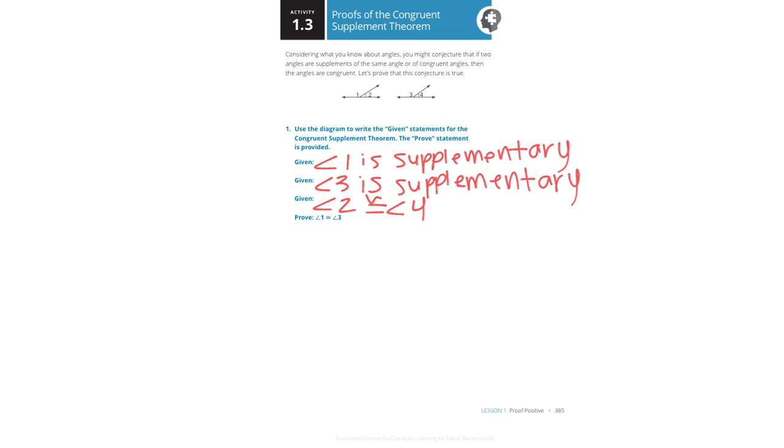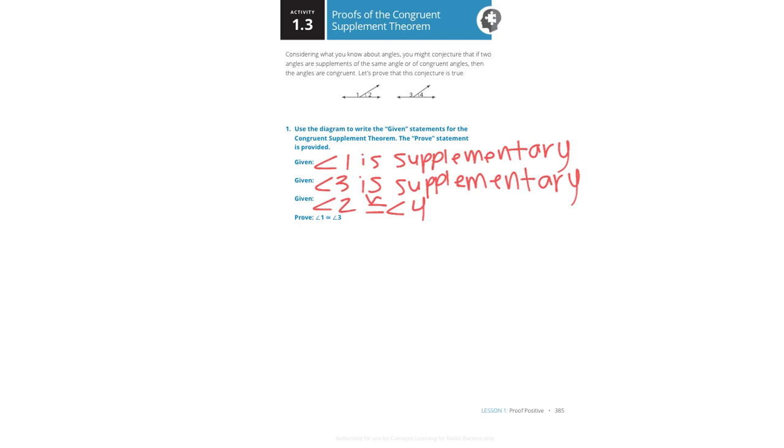Okay? So what is it that they tell us here? Angle 1 is supplementary. They also tell me that angle 3 is supplementary. Another thing they tell me is that this angle 2 right here is congruent to angle 4, right? Therefore, angle 1 is also congruent to angle 3.